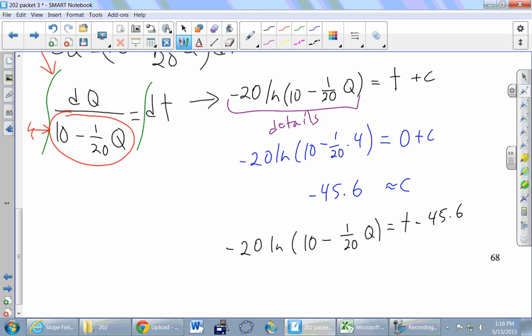That's fine. And now it's just algebra. There's no calculus left in this problem. Algebra to solve for Q. What do we do first? Divide by the negative 20. And then once we move the negative 20, e to both sides, right? And then just a little bit left to do.